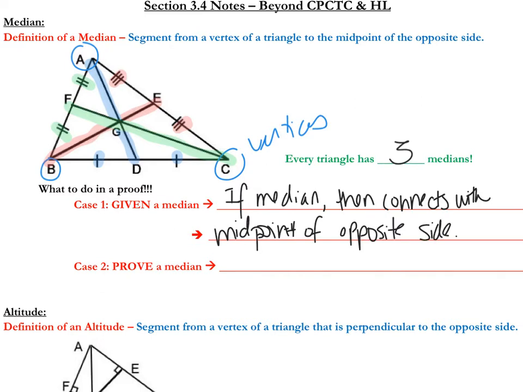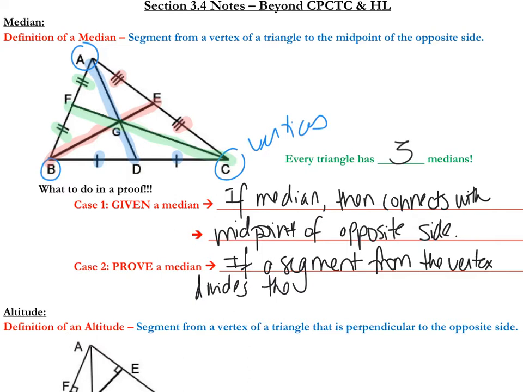If we're trying to prove that a segment is a median, then we would say if a segment from a vertex divides the opposite side into 2 congruent parts, or just 2 congruent segments, that's fine as well, then it is a median.